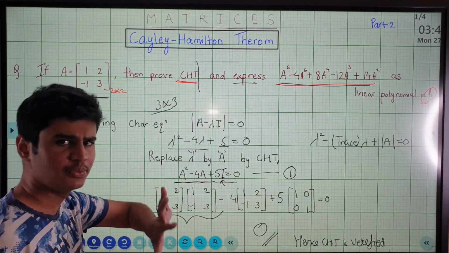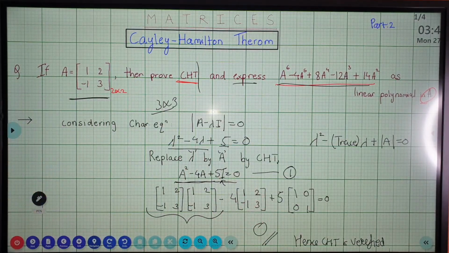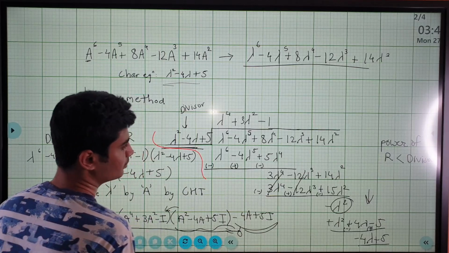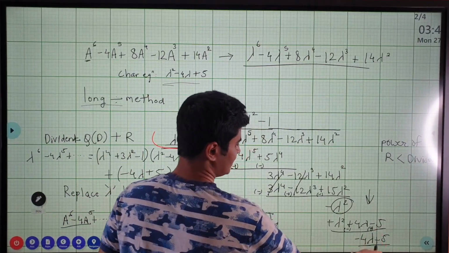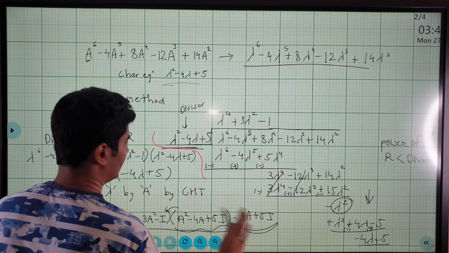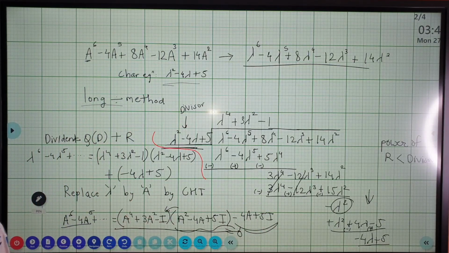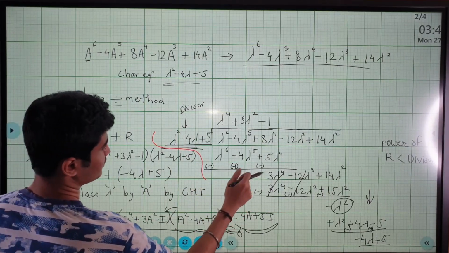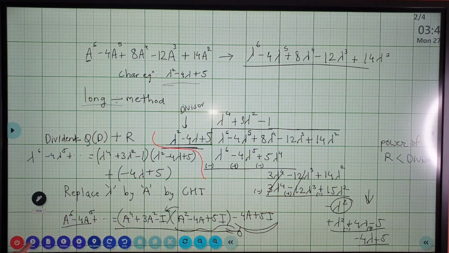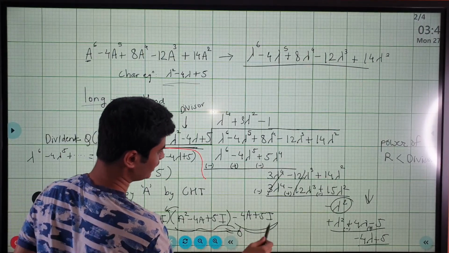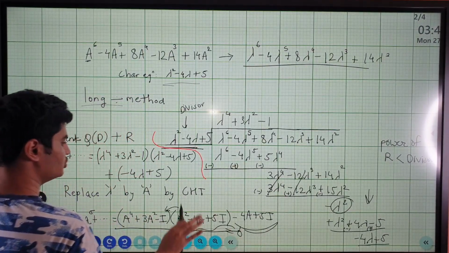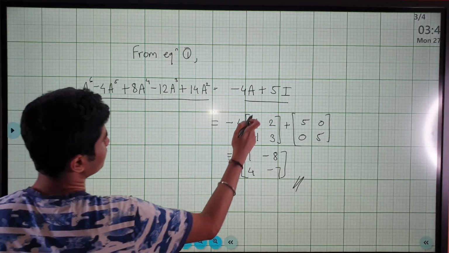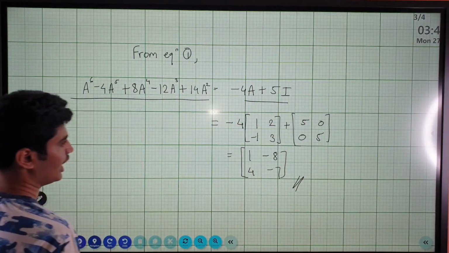The procedure would be the same: first verify the Cayley-Hamilton theorem, and by the long division method, bring the remainder's power less than that of the divisor's power. Then replace lambda by A as we cannot divide a matrix in this form, and the answer is only the remainder as the rest becomes equal to 0 by the characteristic equation. Then just substitute the value of matrix A and we get the answer.